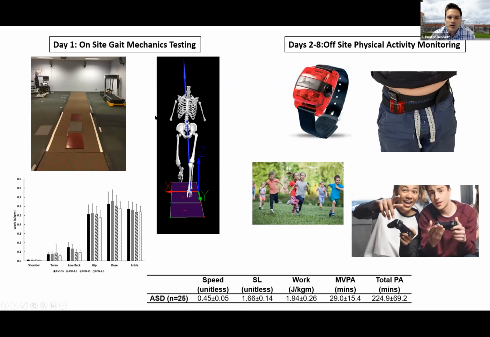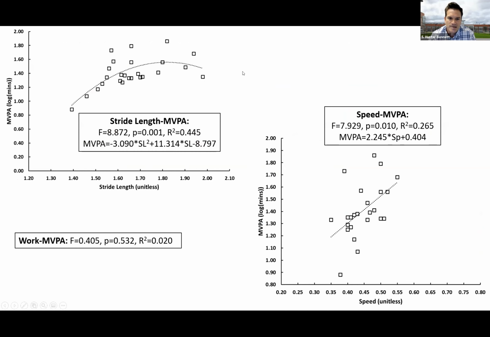The goal was to determine whether or not these gait mechanics are significant predictors of physical activity, so we used linear regressions. What we found was that work was not a significant predictor of time spent in moderate to vigorous physical activity, whereas stride length and speed are significant factors, stride length being a pretty strong predictor, whereas speed was also significant, but somewhat less.